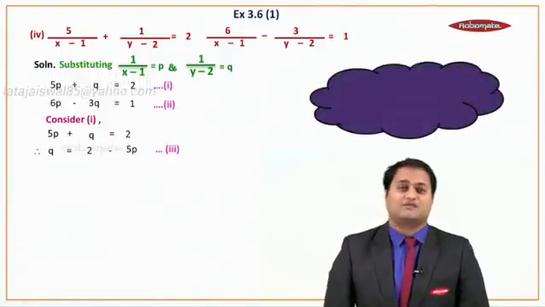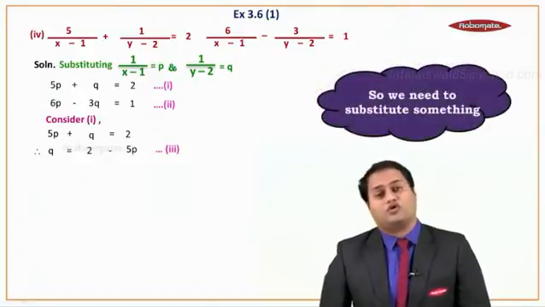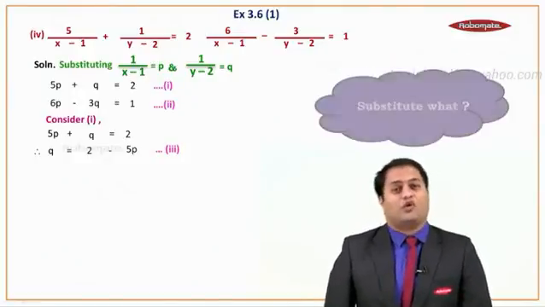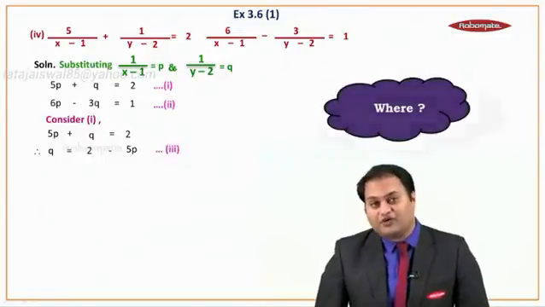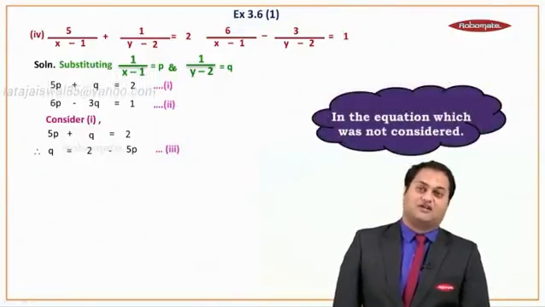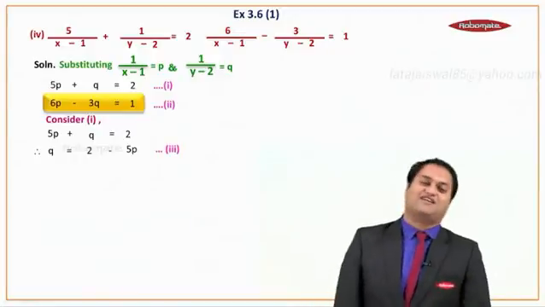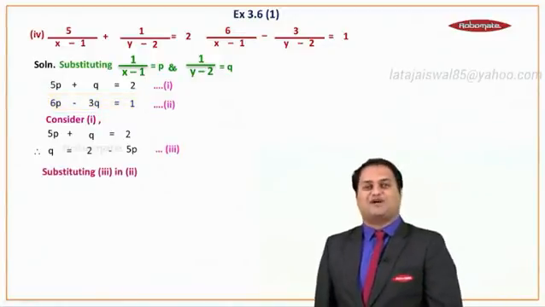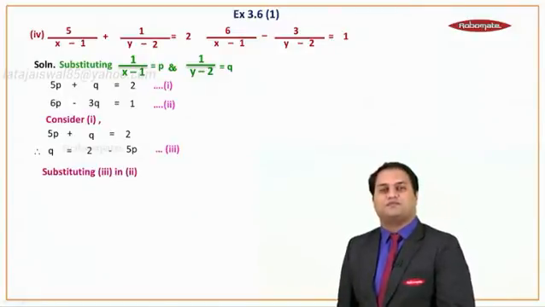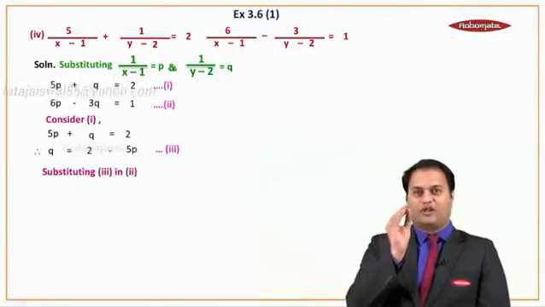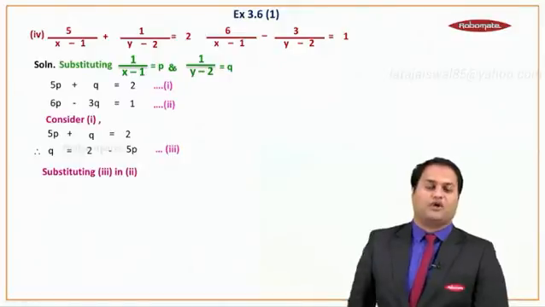Name of the method? Substitution. What to do? Substitute something. What to substitute? Equation number 3. Where to substitute? The equation which was not considered. Which equation was not considered? Equation number 2. So let's substitute equation number 3 in equation number 2. So in equation 2, in the place of q, substitute 2 minus 5p.